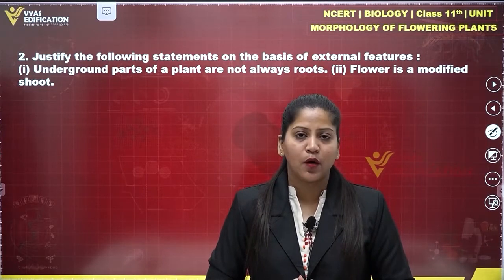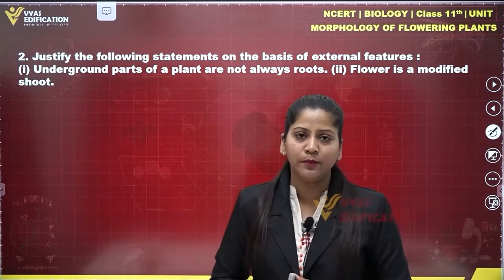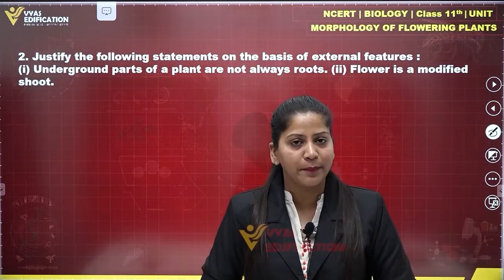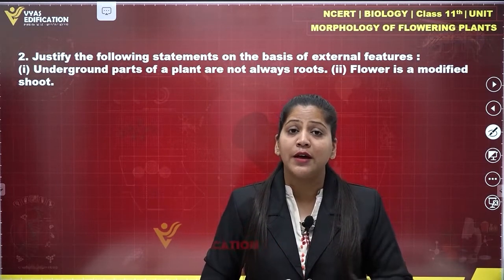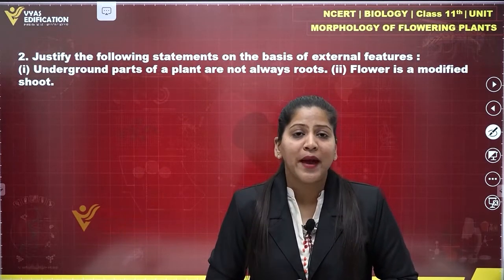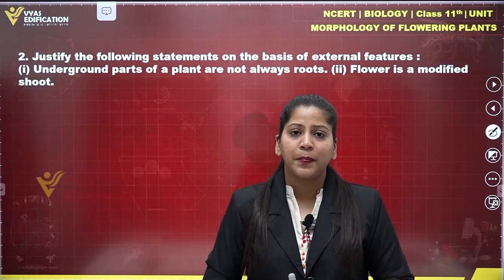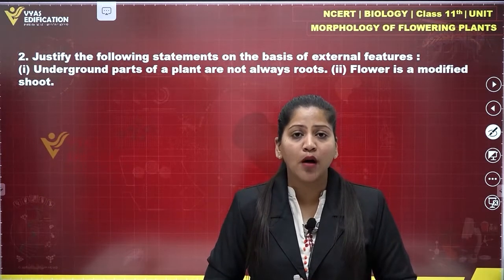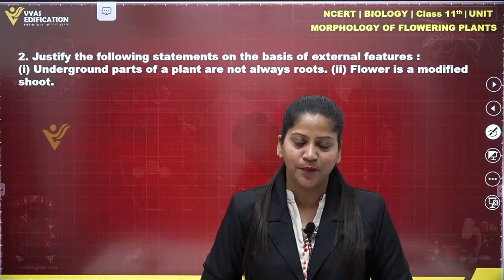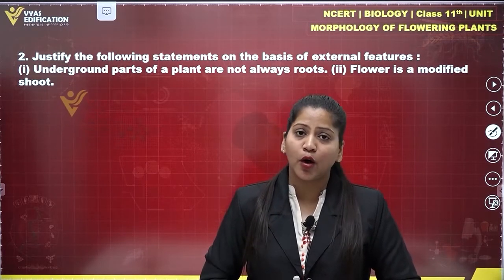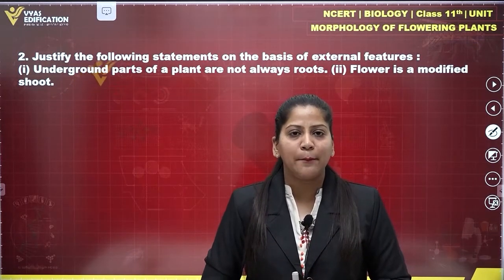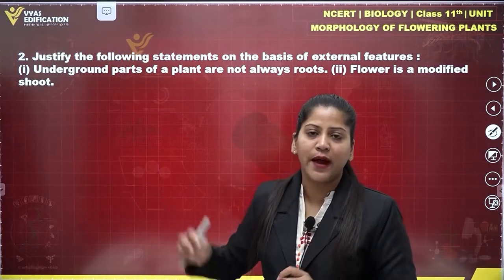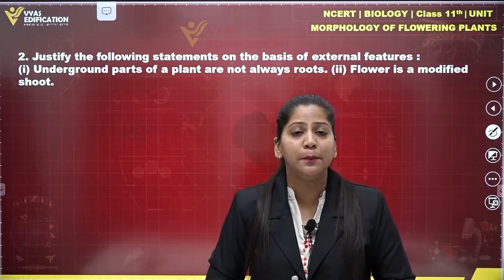More examples of statement 1, or underground parts of a plant which are not roots: we have onion. The basal leaves of onion are fleshy because of accumulation of food, which are leaves and not roots. Another example for justifying statement number 1 is peanuts.